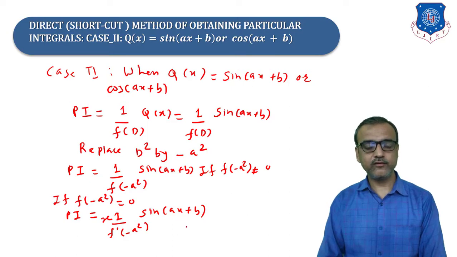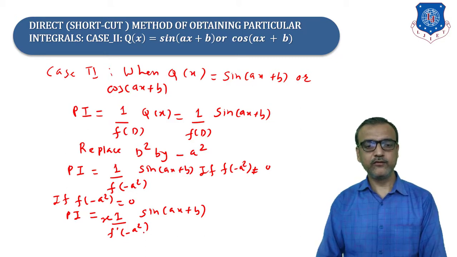Then again you have to differentiate f of D, so it becomes f double dash of D, and you replace D square by minus a square, and since you have differentiated f of D 2 times, you write x square over here. You continue this process till you get a non-zero value in the denominator after replacing D square by minus a square. So this was all about this concept.